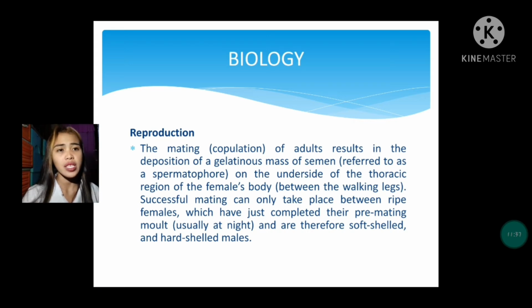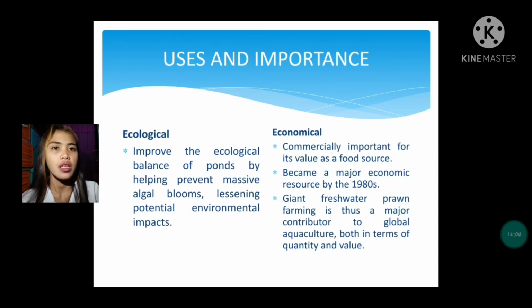Successful mating can only take place between ripe females which have just completed their pre-mating moult, usually at night. Yes, it happens at night because they are active at night, not in the morning. They are nocturnal species, and mating occurs between soft-shelled females and hard-shelled males.